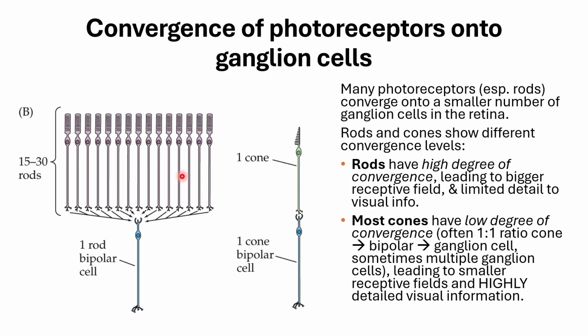Part of it is also because they have a lot more photopigment. The outer segment in rods is much bigger than it is in cones, but also this convergence mechanism is the other thing. So it doesn't provide a lot of detail for information because this bipolar cell doesn't necessarily know if the light is here or here. It's just sensing, oh, there's light, and therefore there's light somewhere in this receptive field, and that's all that it can see, but it can't see if it's here or here.